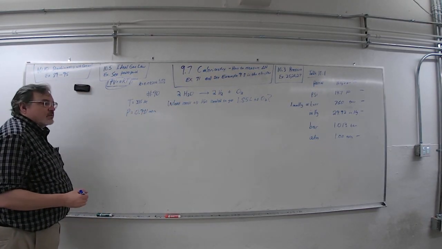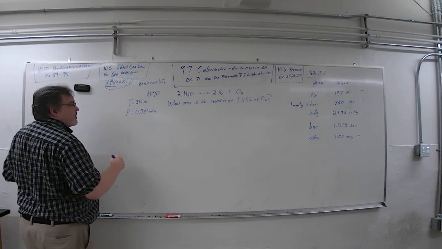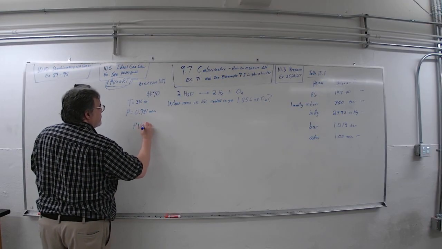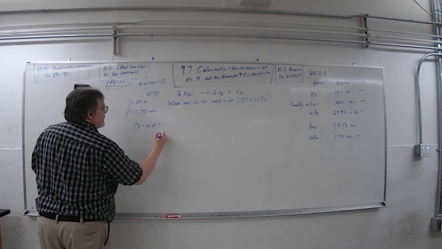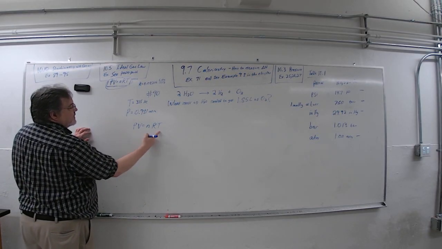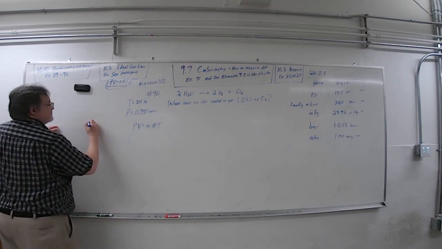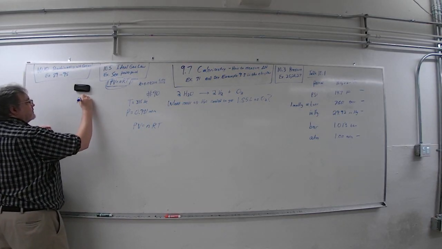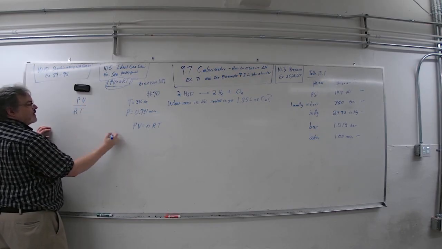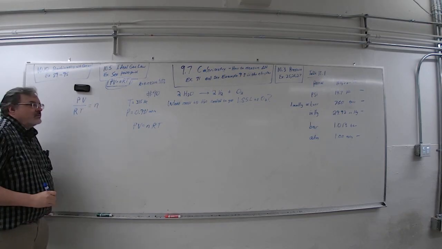H2O. So we're kind of doing this backwards. We're going to use PV equals nRT first to find moles, and then we're going to use moles to solve the rest. So we've got temperature, pressure, and volume. I'm going to find moles that way.